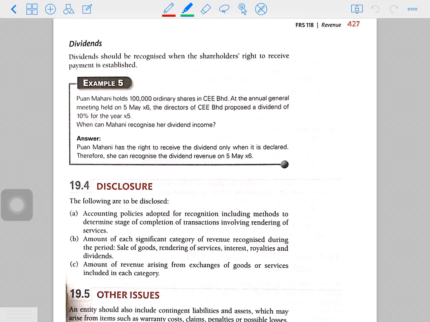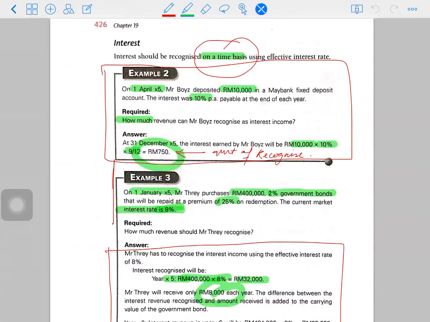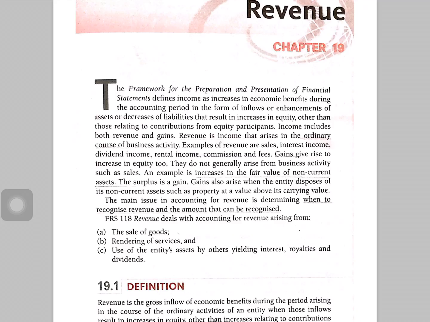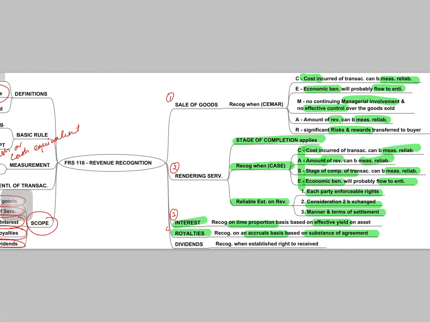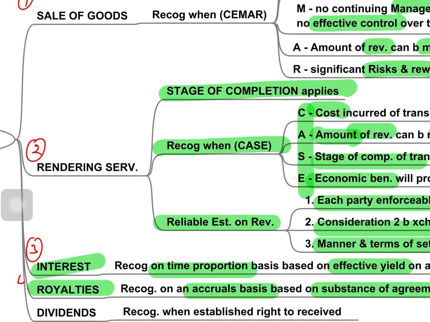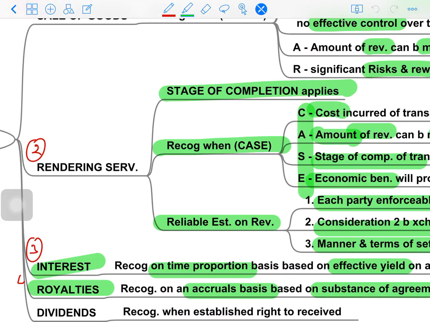And with regard to dividends, if you take a look at our notes here, in terms of dividend, we should recognize it when the right to receive the dividend is established. Dividend revenue can be recognized when we establish the right to receive the dividend.